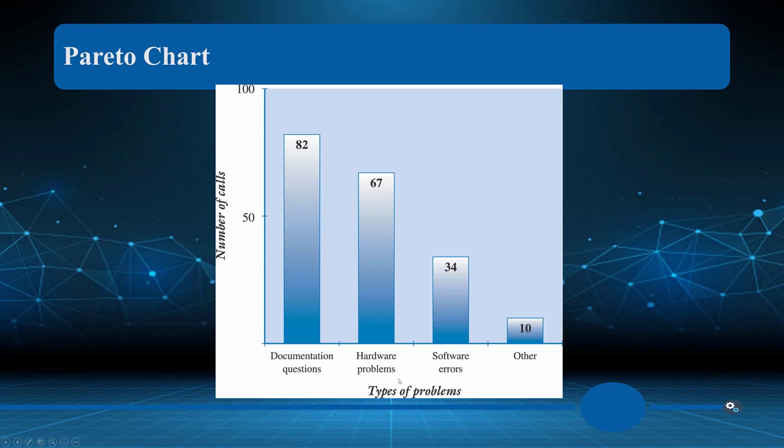We got 67 calls related to hardware problems. We got 34 relating to software issues. We got 10 for the other, and of course we'd want to flesh this out. What are these 10, right? But we know here by doing this that first and foremost, if we want to reduce calls, we need to create better documentation.